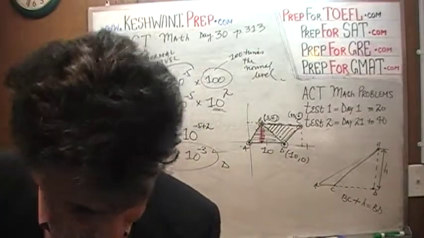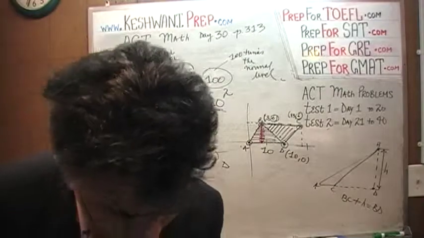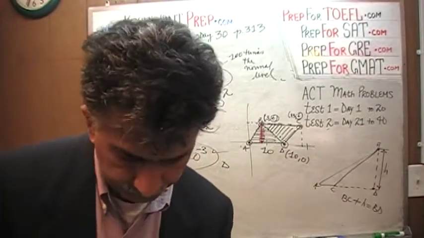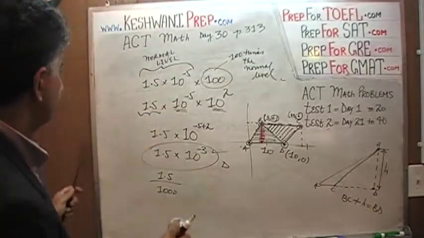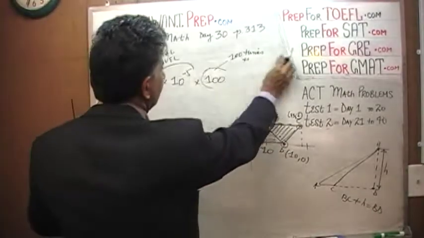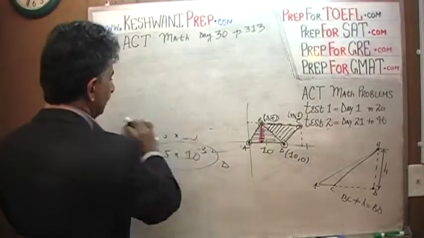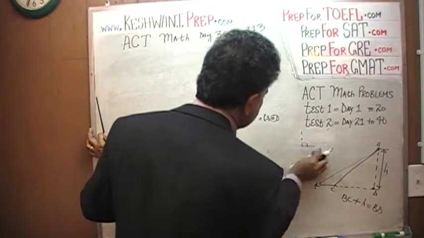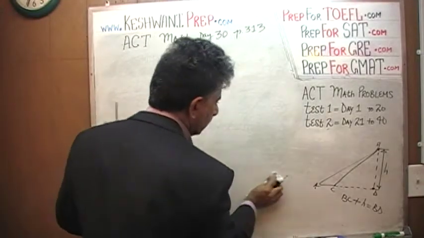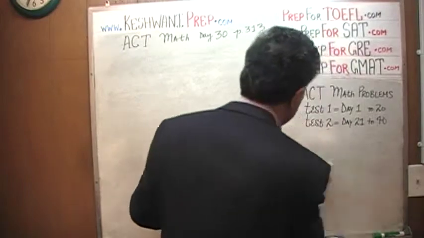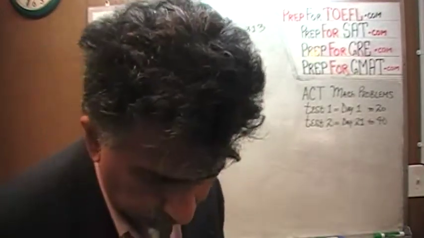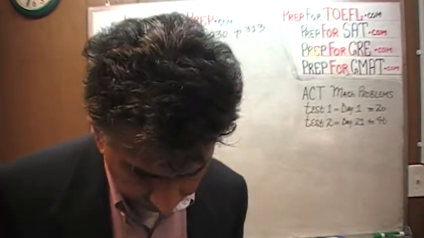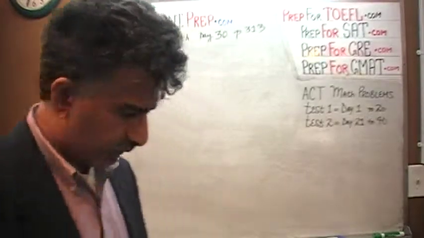Number 40. Number 40. It says a certain perfect square has exactly 4 digits. Alright, let's make a note of it.